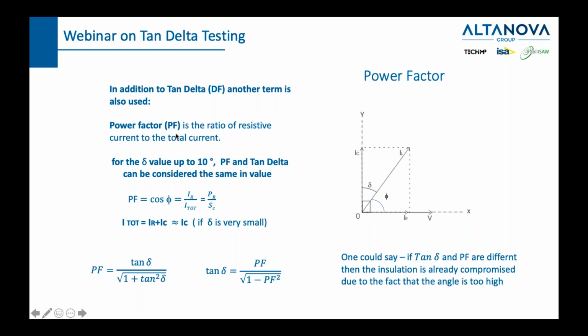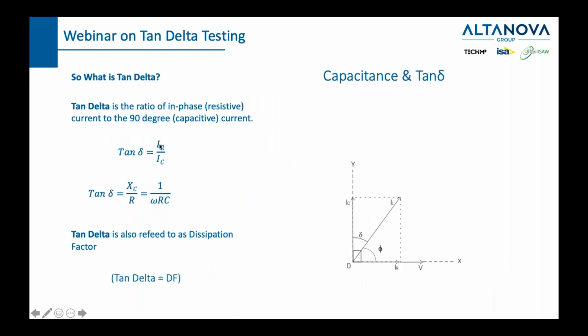Now, we also use the term power factor. The definition of power factor is somewhat different, but I will just say that up until 10 degrees of delta, tan delta can be considered the same as power factor. What's the difference? Well, the power factor is IR over I total, while tan delta is IR over IC.